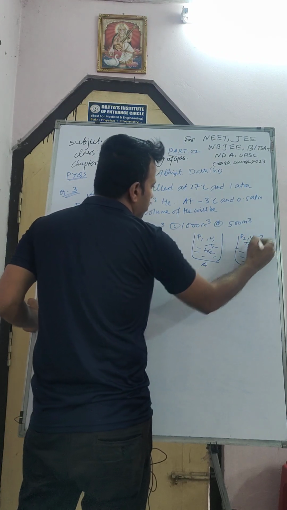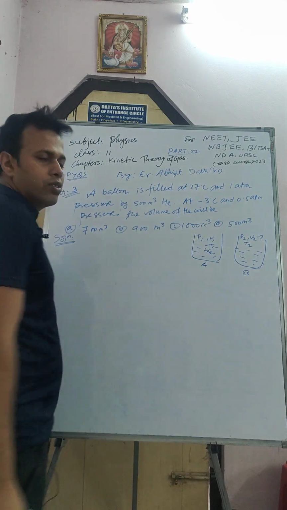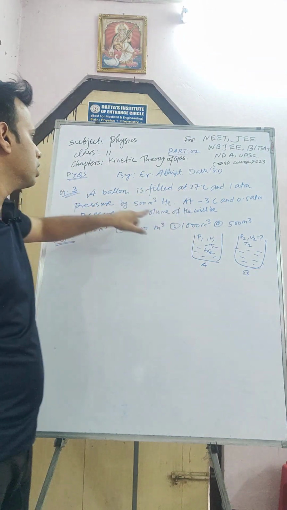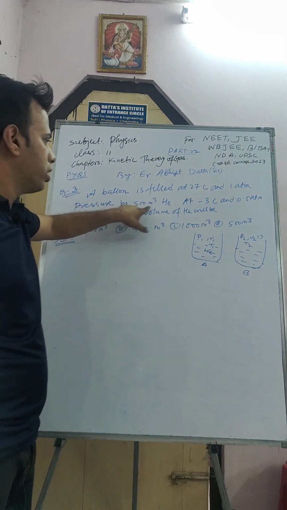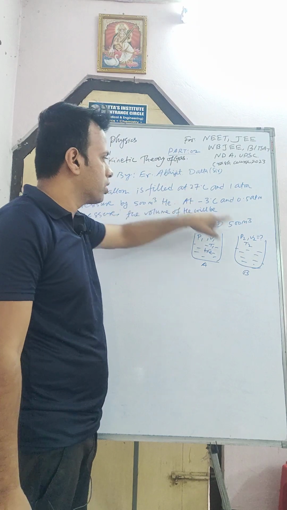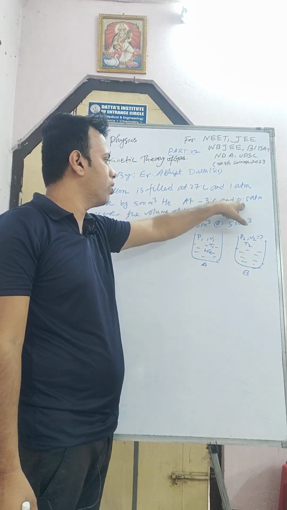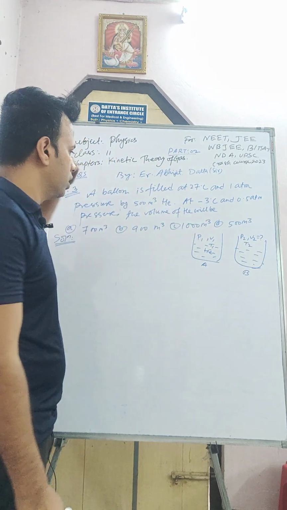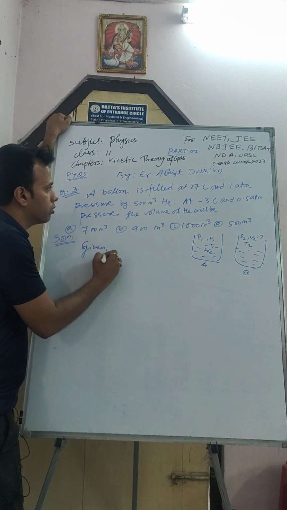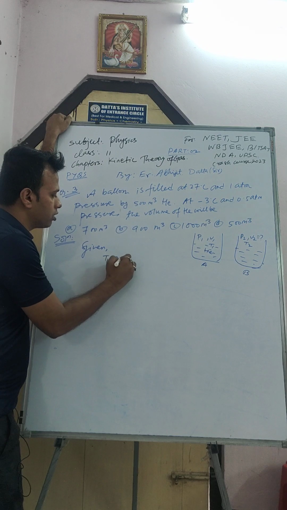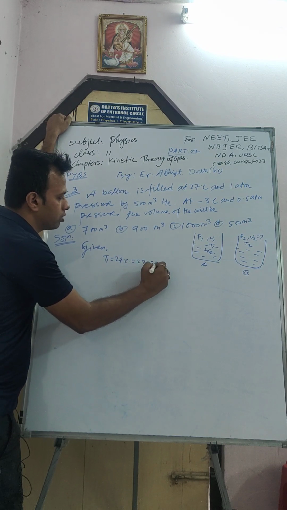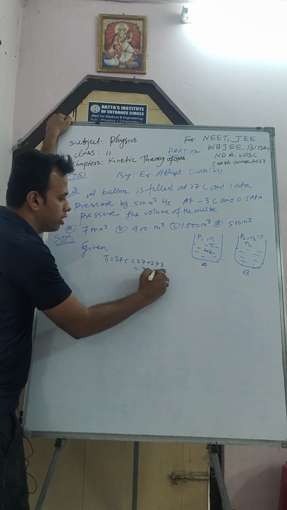Now we have to find out, here P1, B1, T1 are given in the first statement. The temperature is 27, pressure P1 is 1 and B1 is this one. In the second case, T2 is minus 3 degrees C, P2 is 0.5, and B2 is what we have to find out. So given T1 is 27 degrees C, equal to 27 plus 273, that is 300 Kelvin.